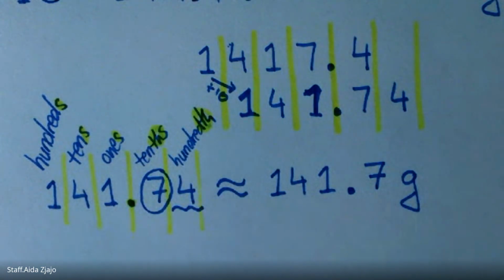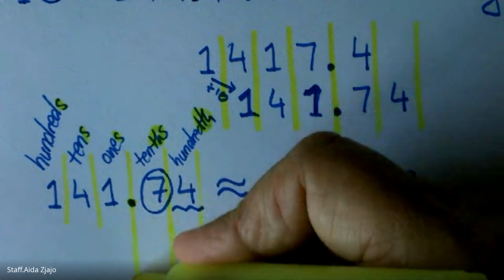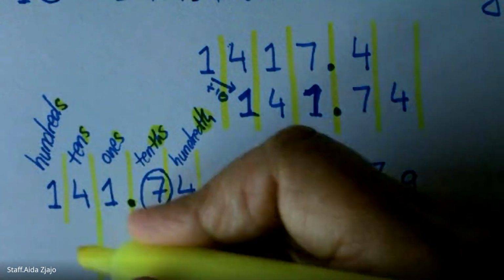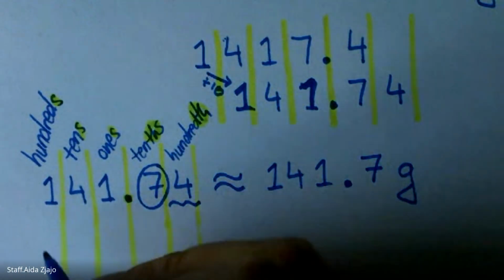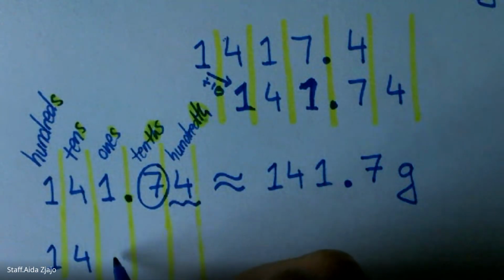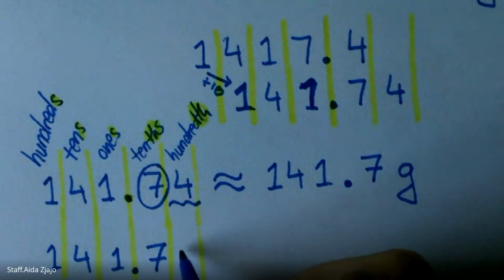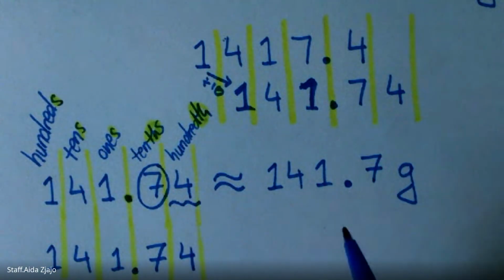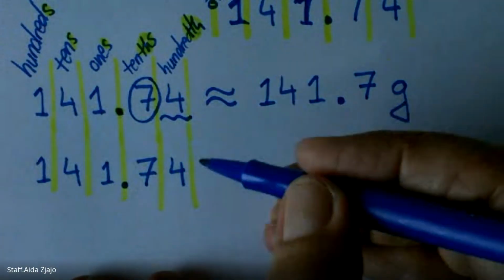So now I'm going to draw a line down and write the same number again: 1 and 7 tenths and 4 hundredths. But now they want us to round to the nearest gram.